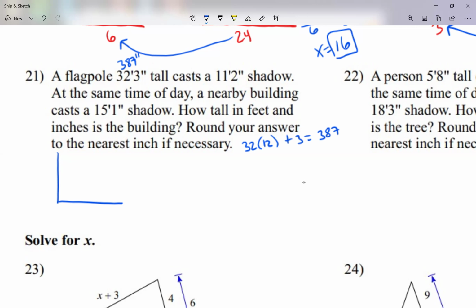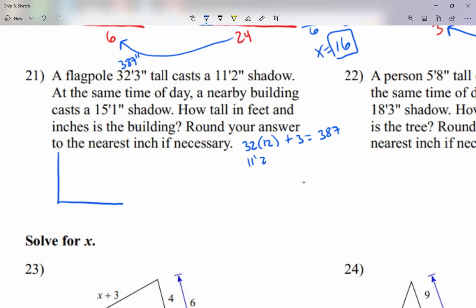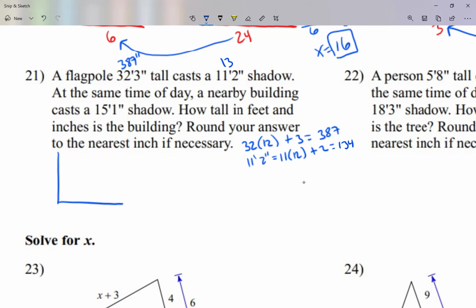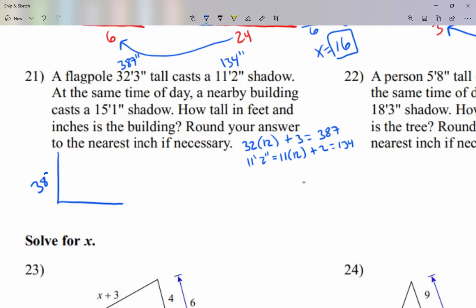Let me write this right here. 11 feet 2 inches is basically 11 times 12 plus 2, and that's going to give me 134 inches. I have to transfer all my information to inches only. So the flagpole is 387 inches, and then the shadow is 134 inches.